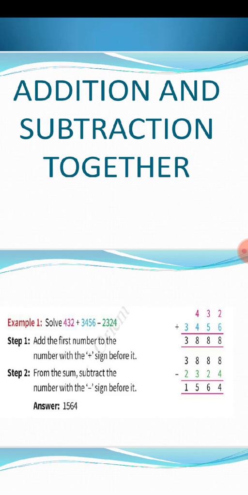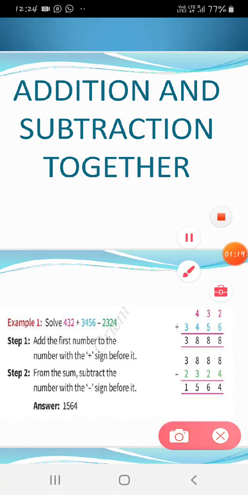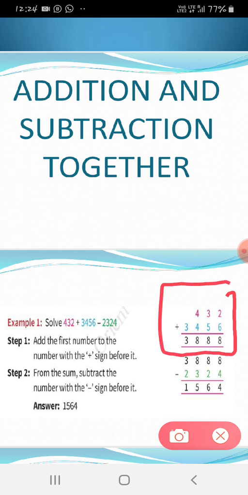Okay, so 432 plus 3456. You can see on the right hand side, this is step number 1. We will add this first. Now whatever will be the answer, from that answer we will subtract the left number in step number 2.